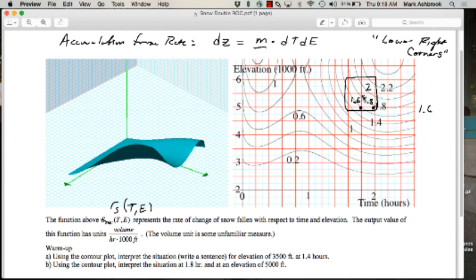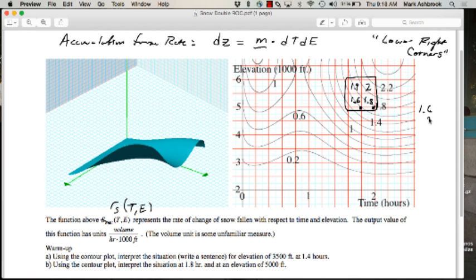It's kind of in between, right? It would be like 1.9. So for those 4 regions, we've got constant rates 1.6, 1.8, 1.9, and 2.